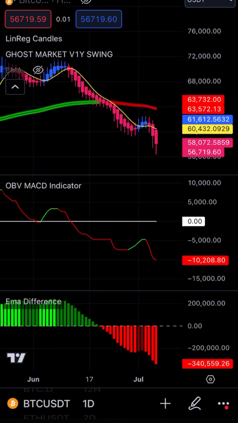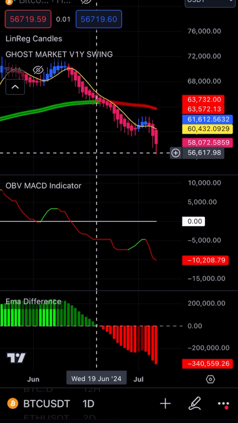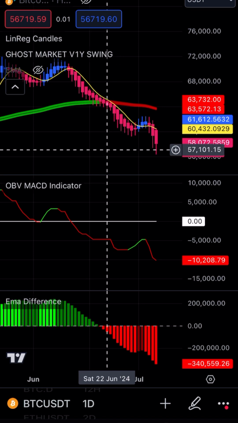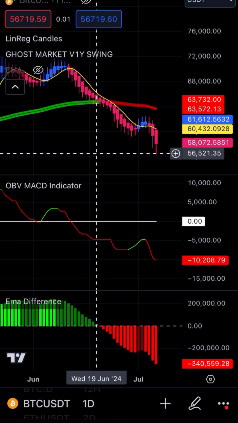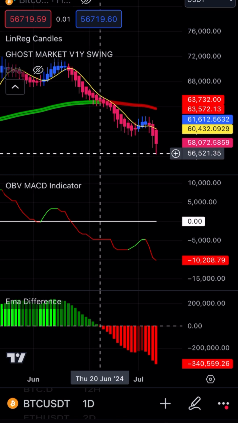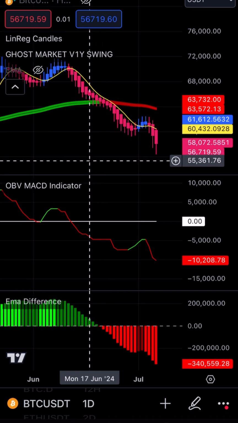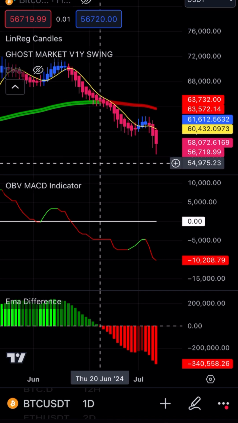Another thing that is an extra layer of good signals is our EMA difference here. Because this is 1348, I look for when it goes above the zero line and below the zero line.